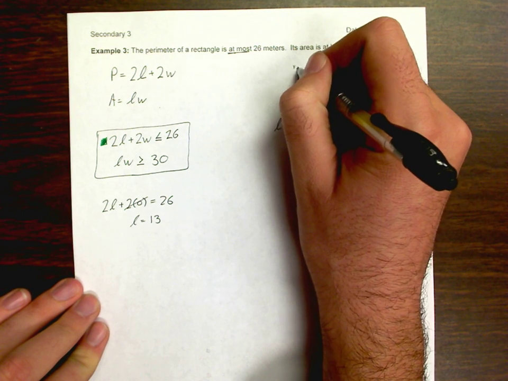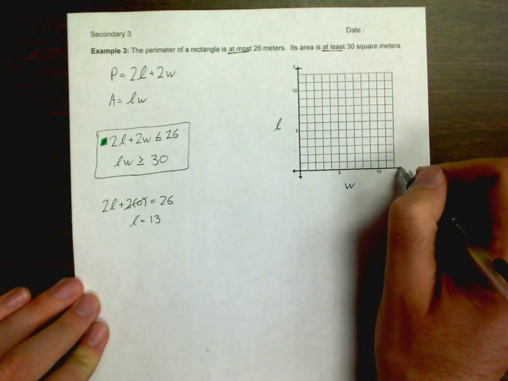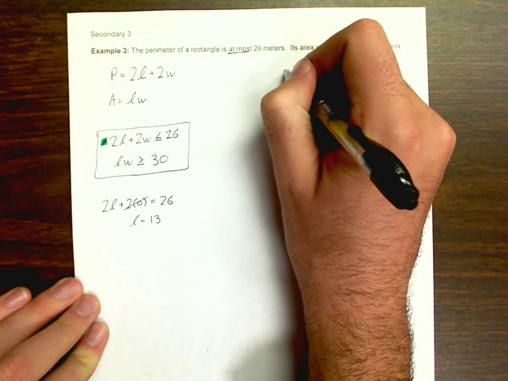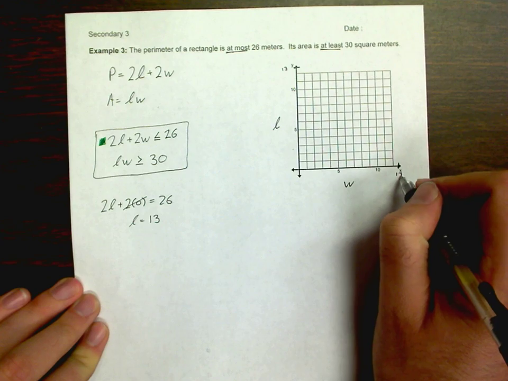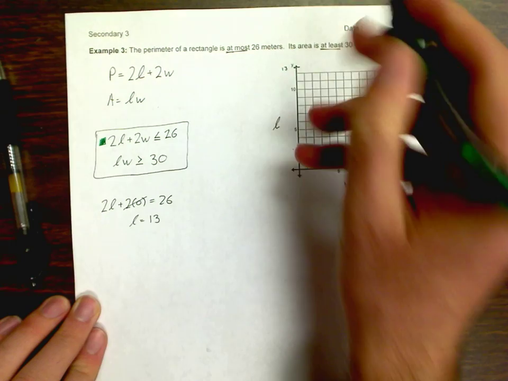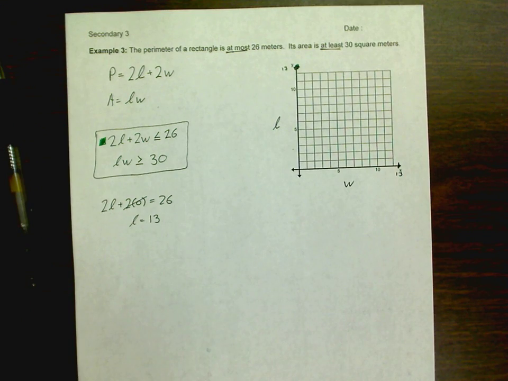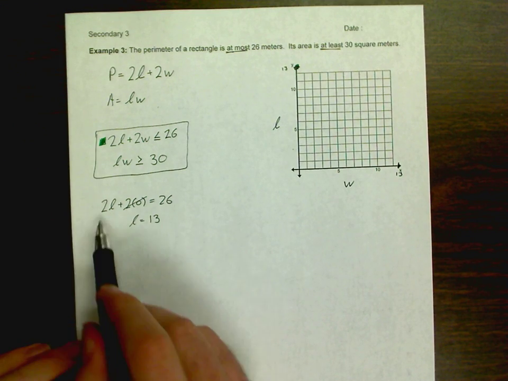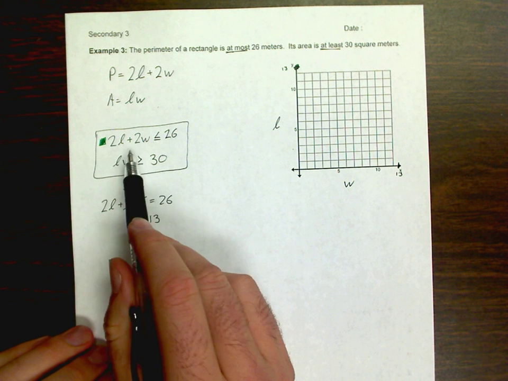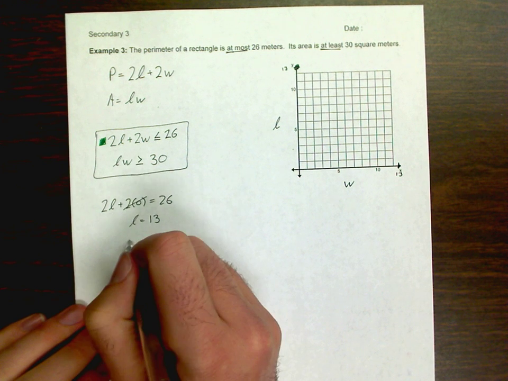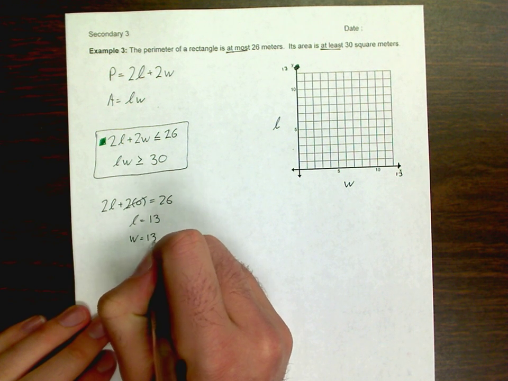So I know I'm going to need this one over here too. 13, right there. And hopefully you can see, and for the sake of time, when I set L equal to 0, I'm going to get the same thing on the other side. So I'm also going to get W equals 13, or my W intercept.